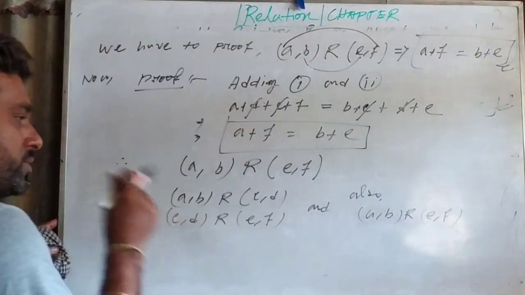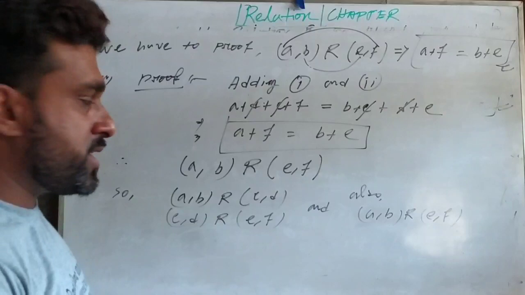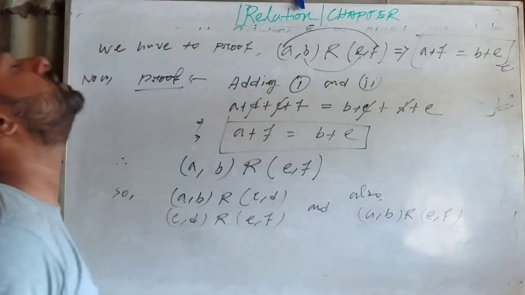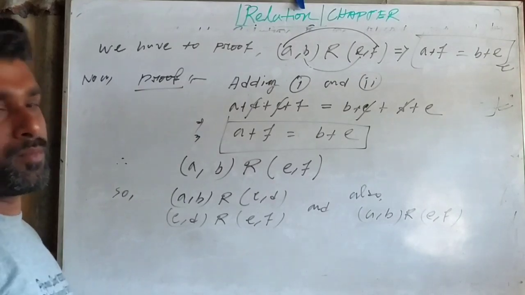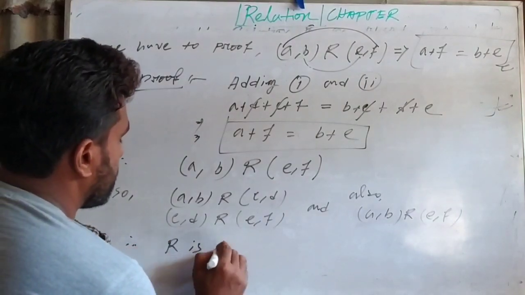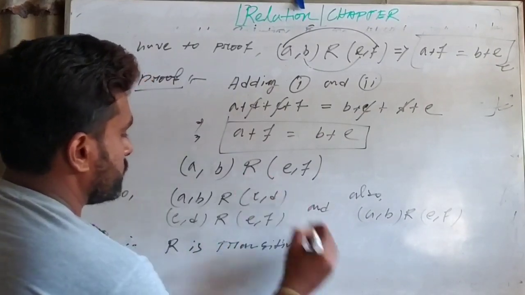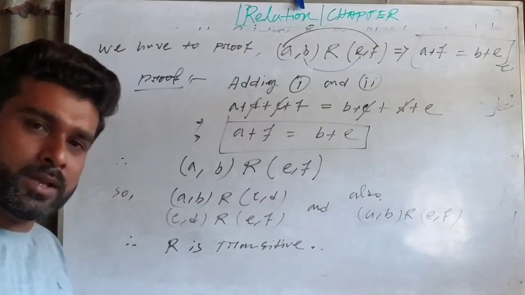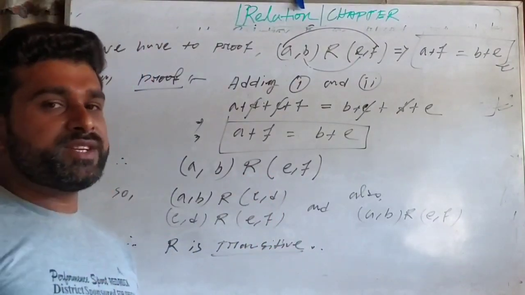If these three order pairs belong to the same relation set, then this property is called the transitive property as well. So R is transitive. So here you can see R is reflexive, symmetric, and transitive as well.